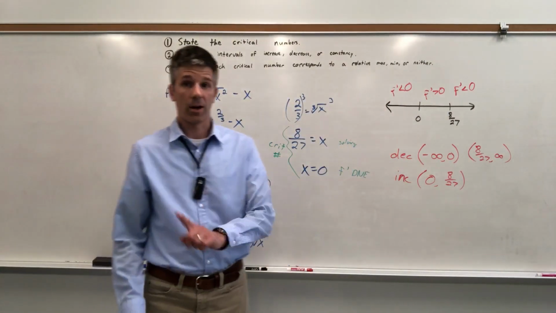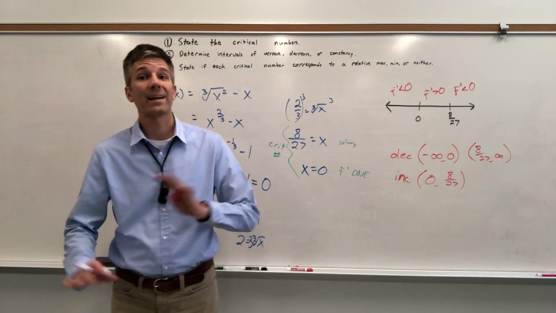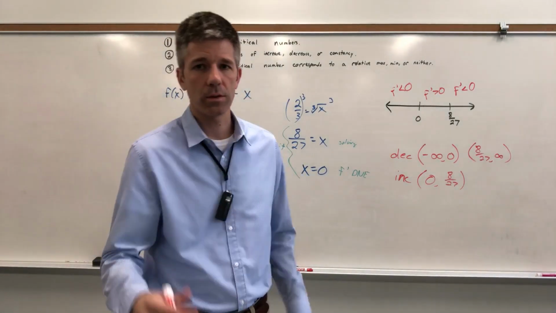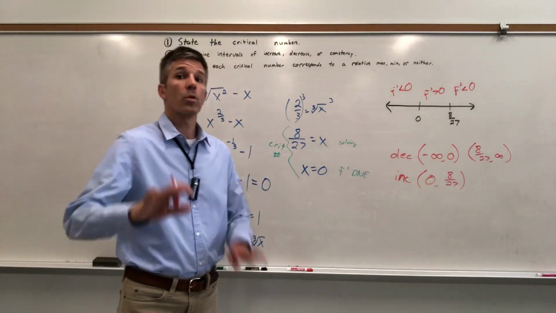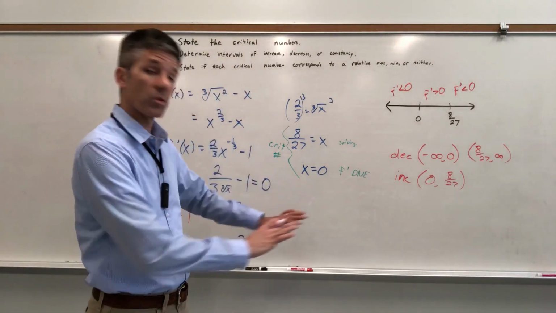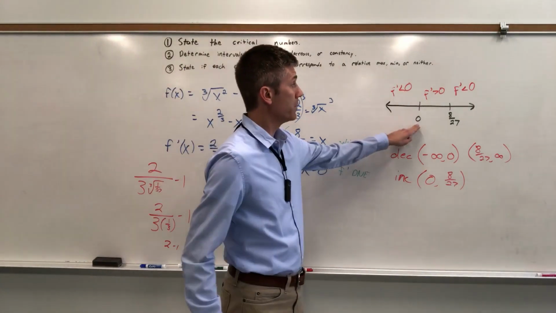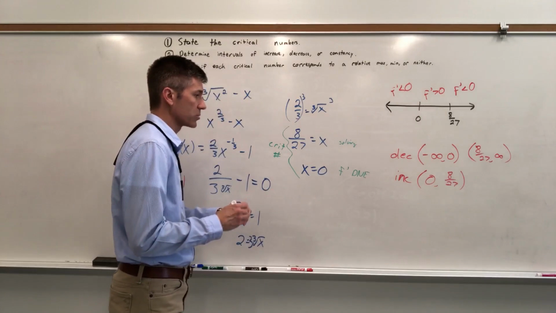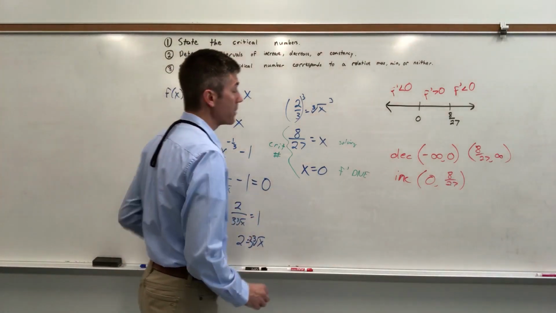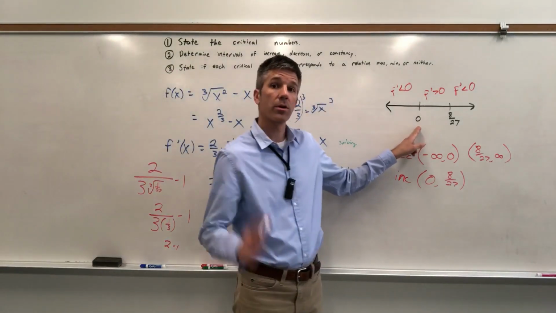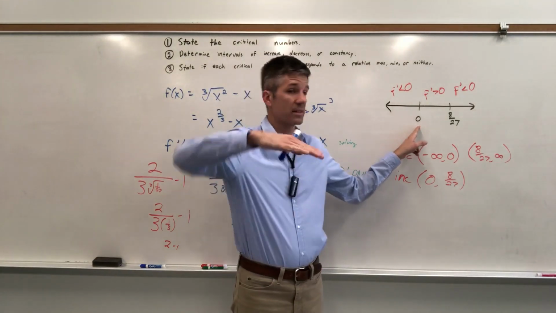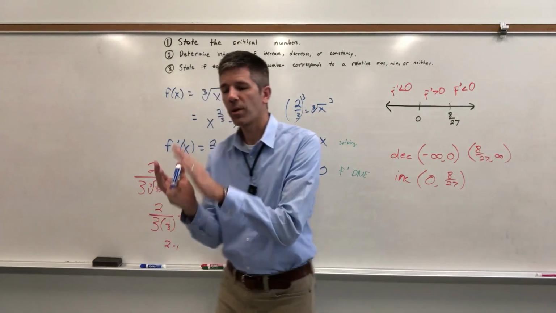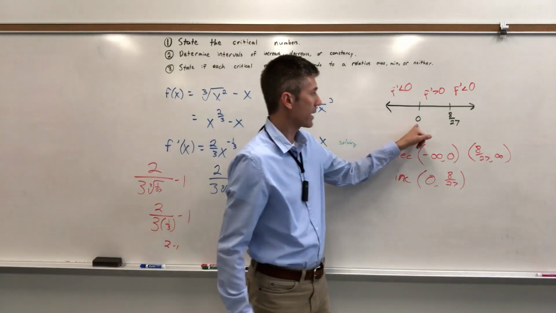Now, and we've been through the logic, I'm not writing it out. If this was free response, we need to write it out. We would say, this is what I'm going to do, and this is why I'm going to do it. And I'd love to. We did that on the first 2 examples. I'm going to move on for this. Minimum, maximum, and here's why. We have a minimum at x equals 0 because the derivative is negative, then positive. The derivative transitions from negative to positive at x equals 0.